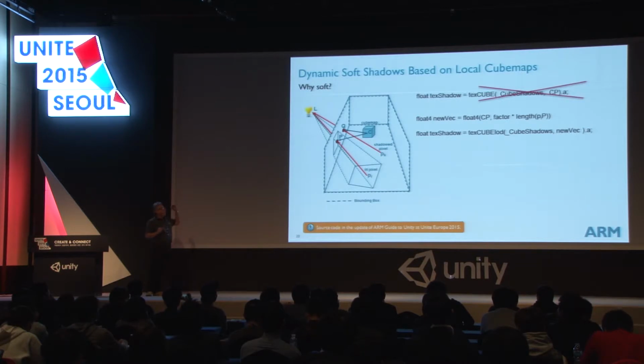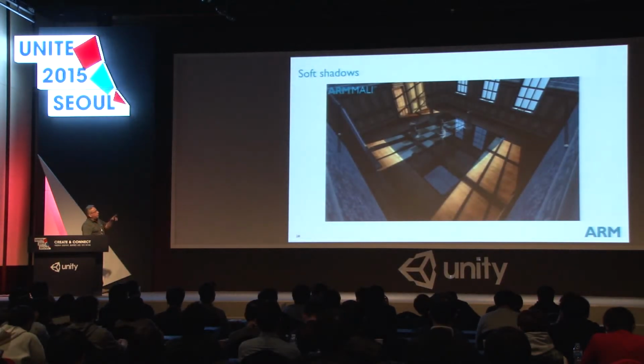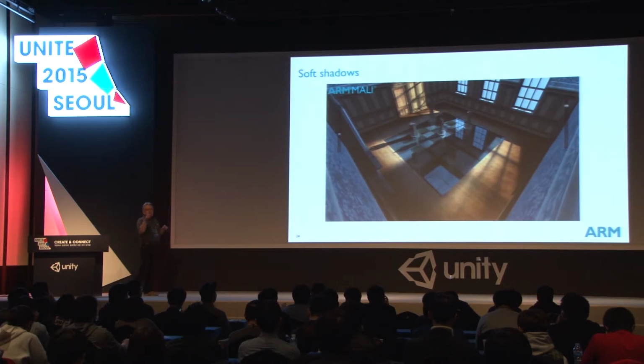So in practice, we are interpolating between different mipmap levels when we change that magnitude, which is proportional to the distance from the pixel to the intersection point. And this is what we get. Now, look at the right, we are changing the slider.